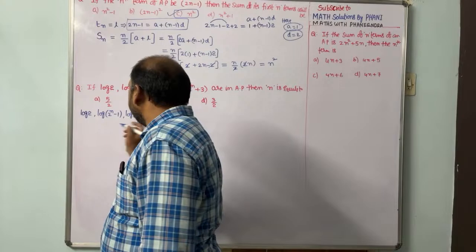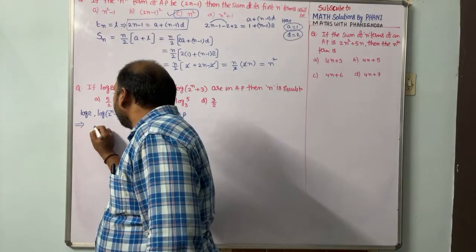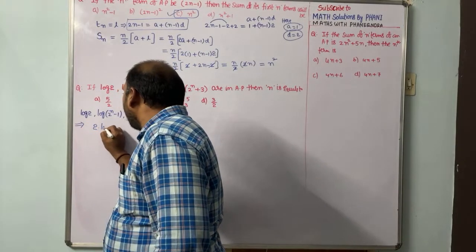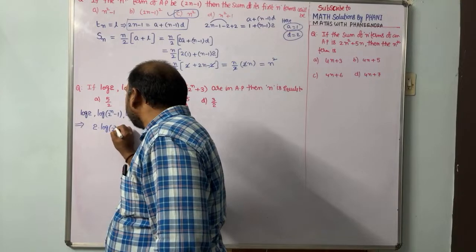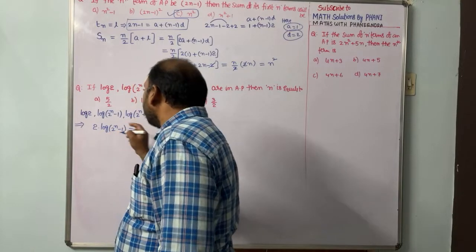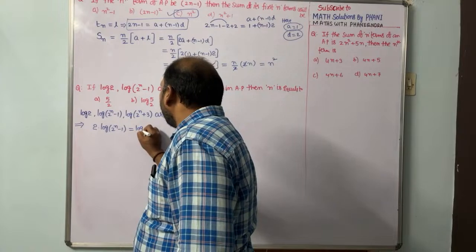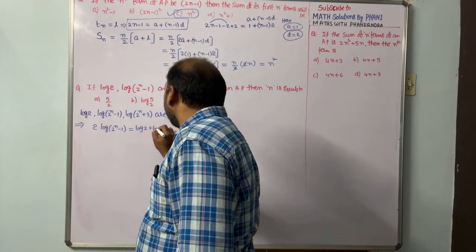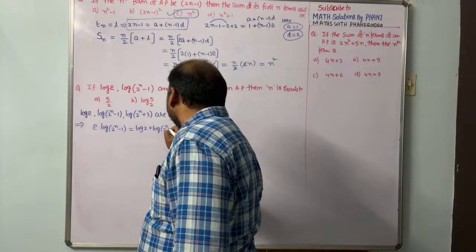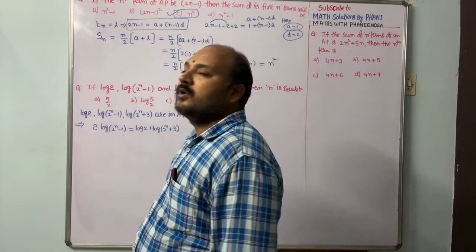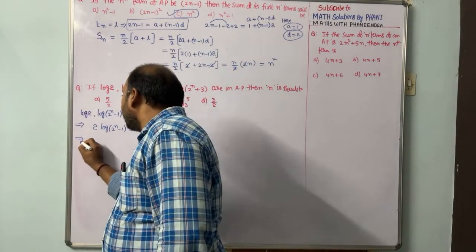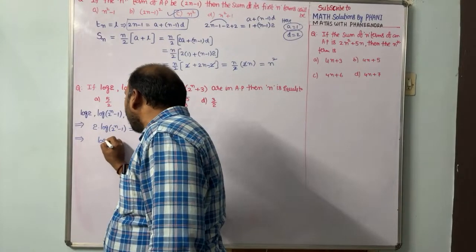So A, B, C, that implies 2 times log of 2 power n minus 1 is equal to log 2 plus log 2 power n plus 3. This can be written as m log a power n only, no?